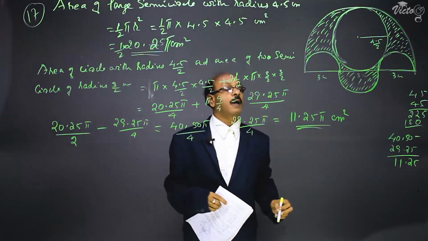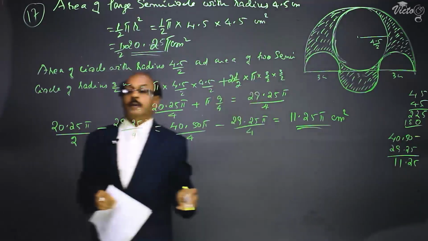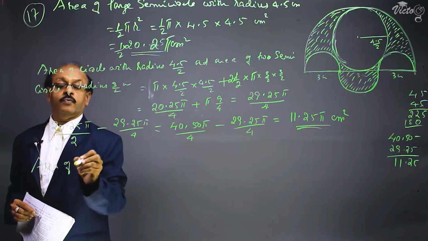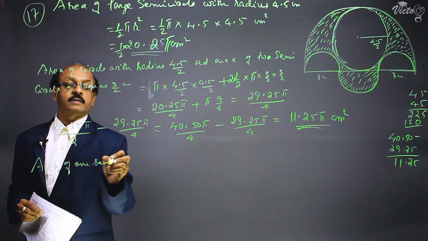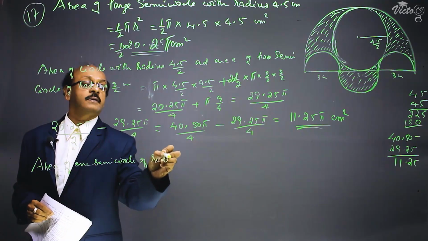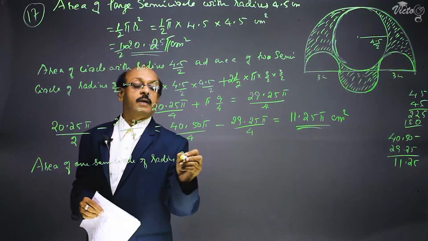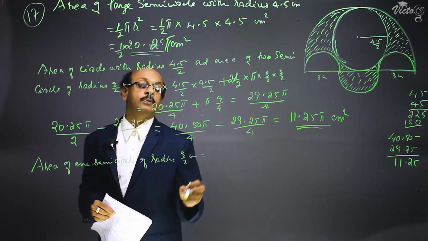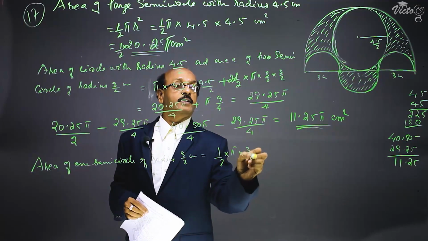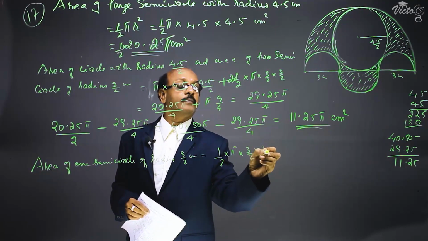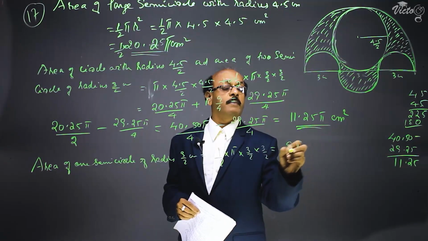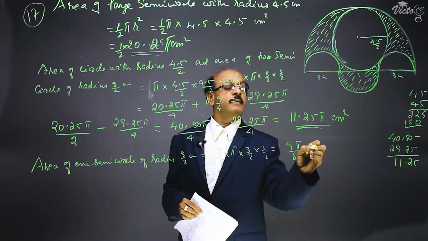Now we have to add this area of one semicircle. Area of one semicircle of radius 3 by 2 centimeter is equal to half into pi into 3 by 2 into 3 by 2, which is equal to 9 pi by 8 centimeter square.